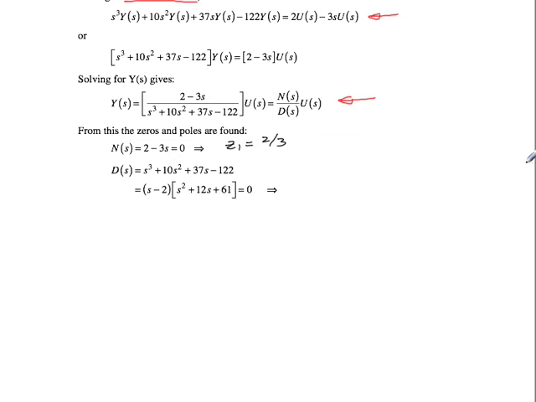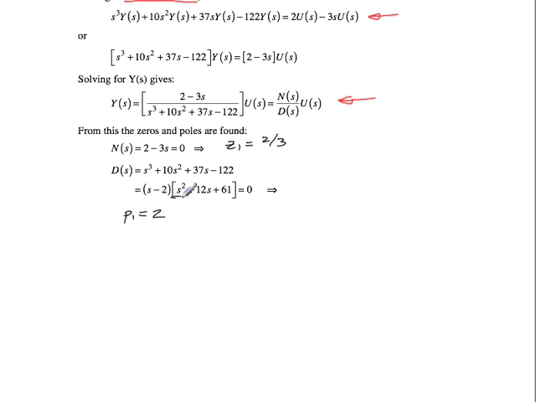And what I did was I factored the cubic equation into a product here of a linear and a quadratic factor. So from that we can see that the first pole is going to be when s is equal to 2.